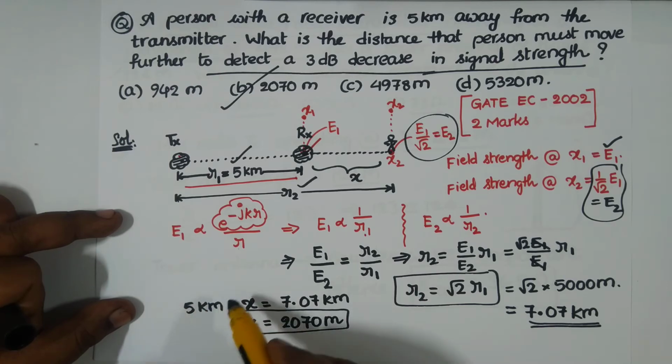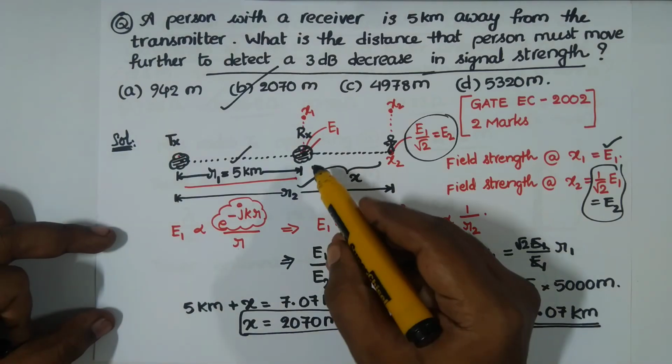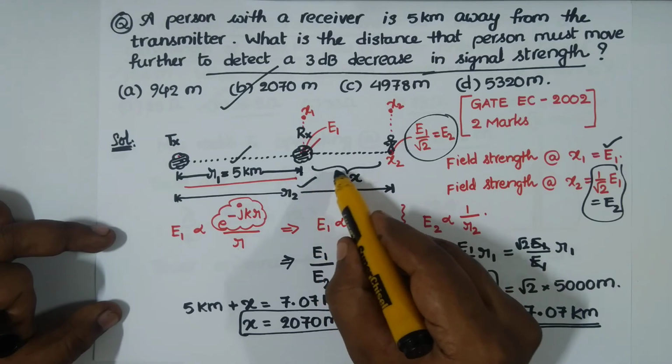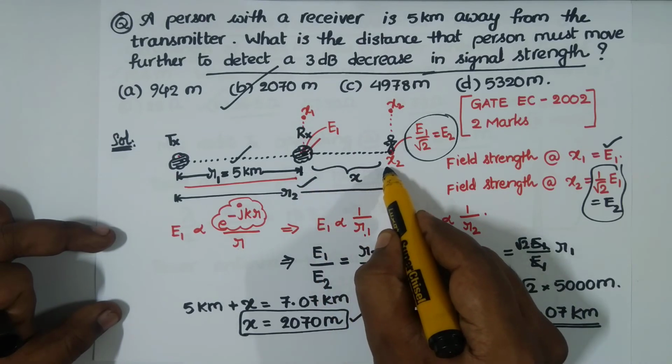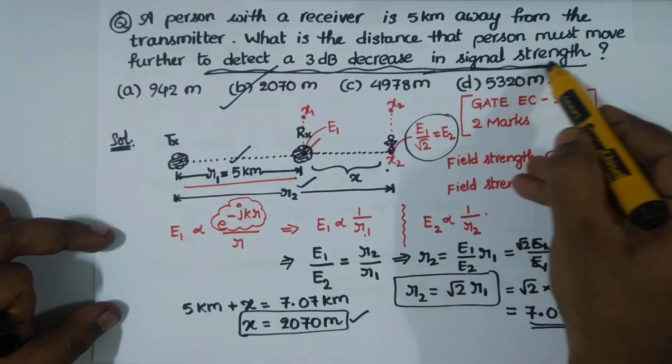In meters, 7.07 multiplied by 1000 gives 7070, and 7070 minus 5000 is 2070 meters. That means from this point x1, if he moves 2070 meters, he can definitely detect a 3 dB decrease in signal strength.